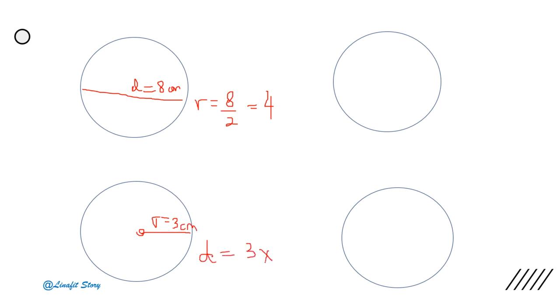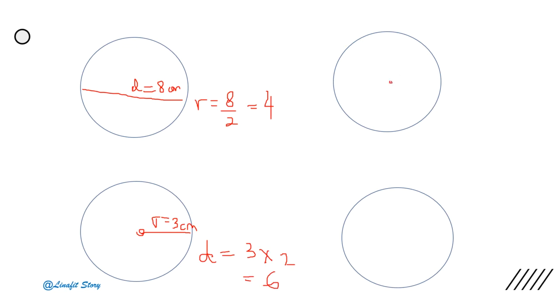So for example, if the diameter of the circle is 8 cm, find its radius. Radius is half of the diameter, so 8 divided by 2 equals 4 cm. How about if the radius of a circle equals 3 cm? Find its diameter. So the diameter equals 3 times 2 equals 6 cm.